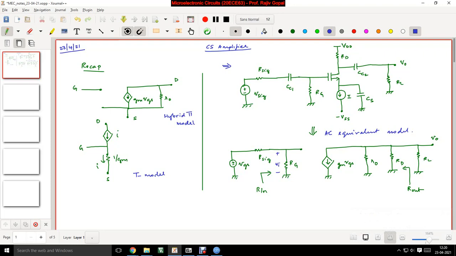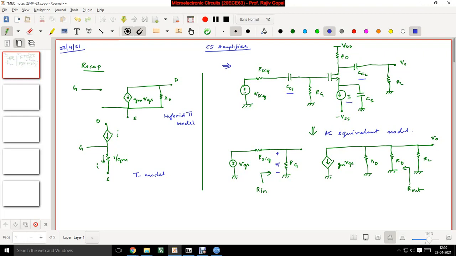CC1 and CC2 are coupling capacitors, which are used to couple this amplifier to the preceding or the next stage. I here is the constant current source. It is a biasing scheme; we are trying to bias this MOSFET using a current source.